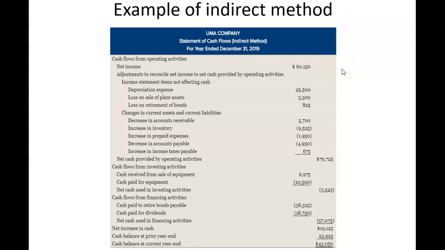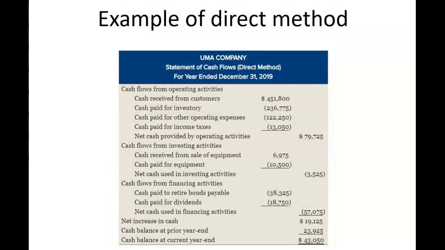But I will tell you that generally speaking, the indirect method is much easier to apply. The direct method, the numbers might be fewer numbers, but they're harder to calculate. Each one of these numbers involves quite a few calculations.